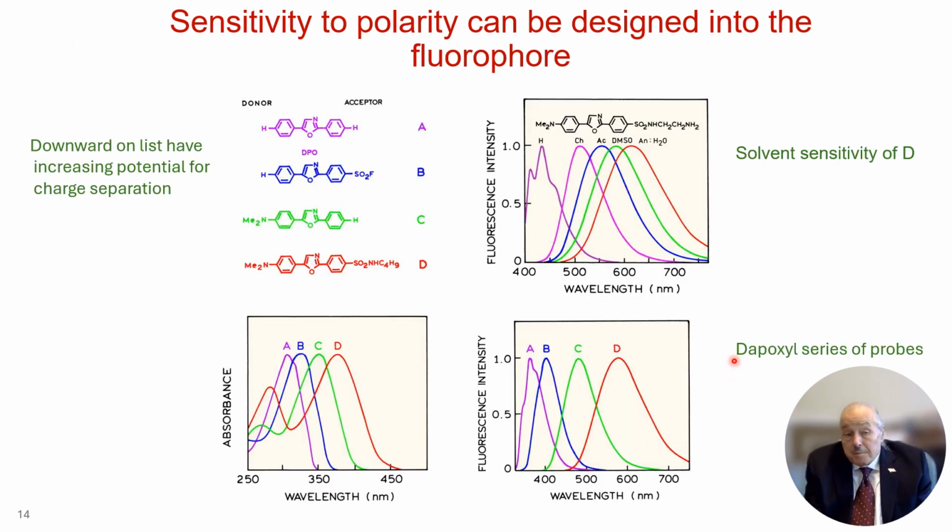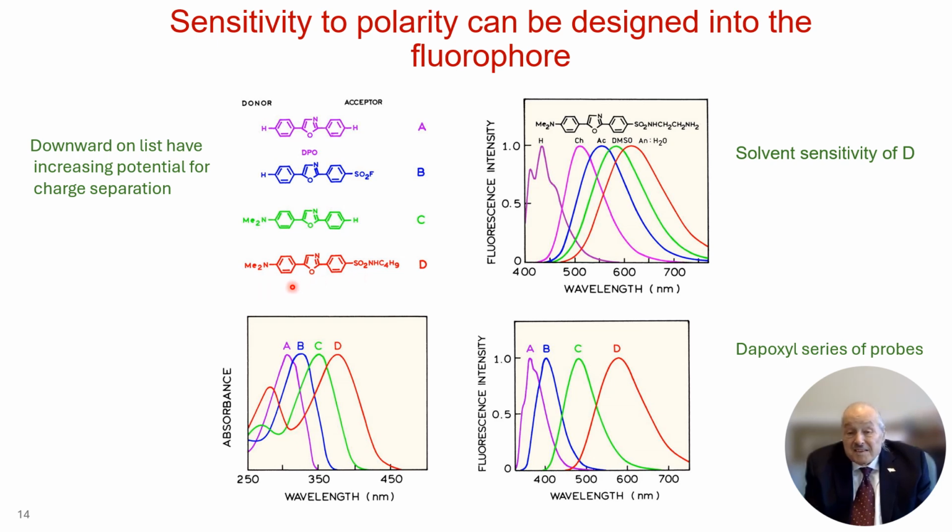It is possible in some cases, not always, but in some cases, you can design the solvent sensitivity into the fluorophore. And one group made this interesting series of molecules that starts with really no reason for there to be any electron shift in the excited state, down to this molecule, which has an amino on one side and a sulfonamide on the other side.